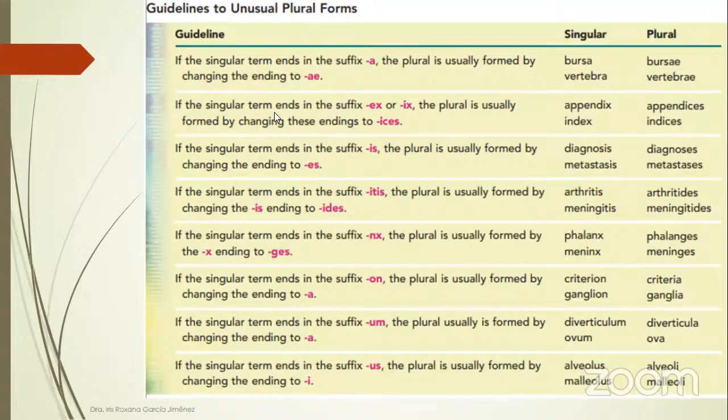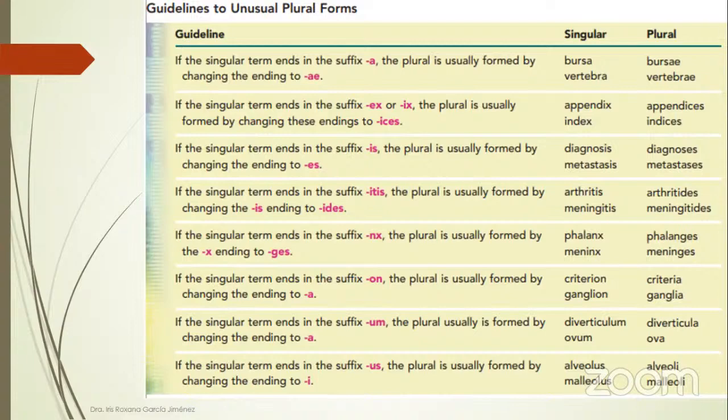If the singular term ends in the suffix ix or ex, the plural is usually formed by changing these endings to ices. For example, appendix, appendices, index, indices, right? Some books might translate it as British and American English, but no, it's the singular and plural, right? So take it into account.